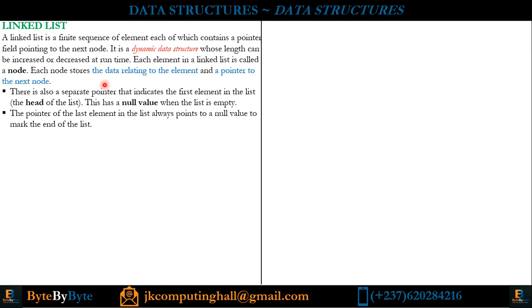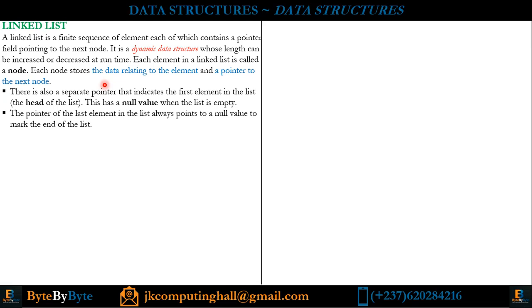In other words, it is termed a null pointer. Next point, the pointer of the last element in the list always points to a null value to mark the end of the list, as you can see. So a null pointer is what is assigned as the pointer of the last element.